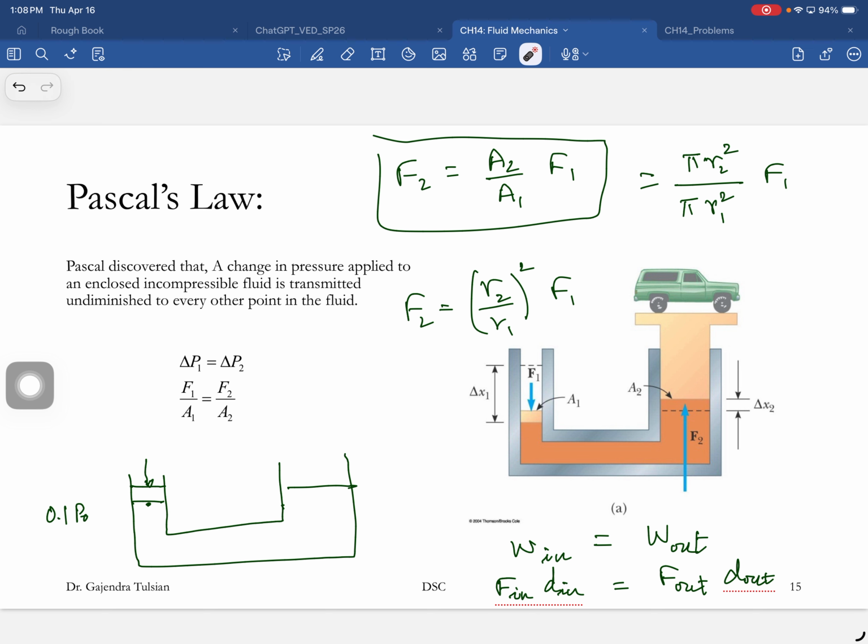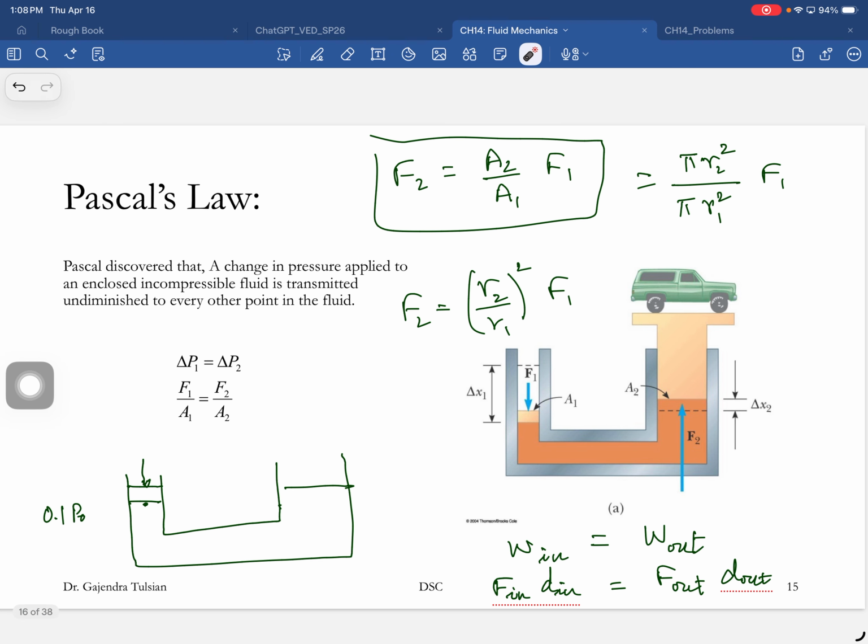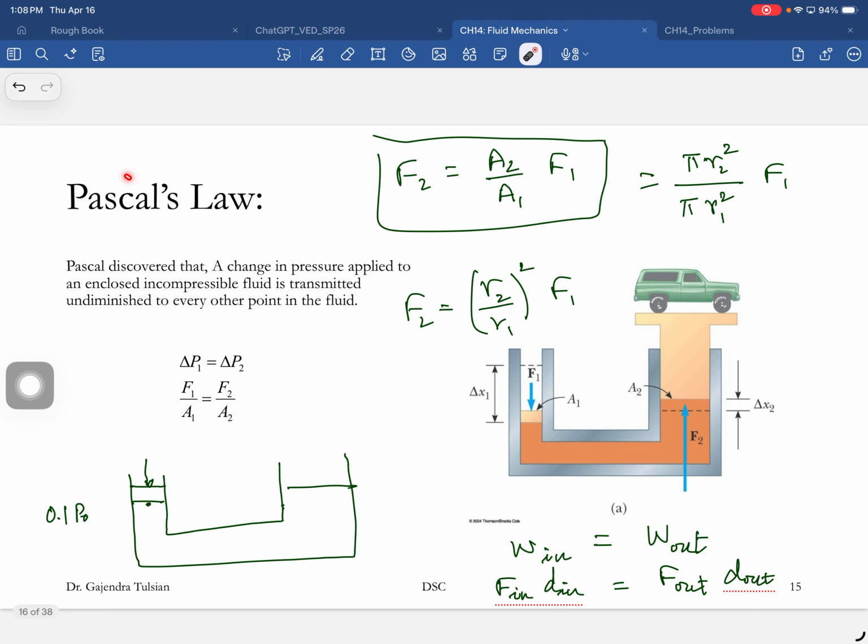So if you push this 100 inches, that pushes only 1 inch. Okay, anyway, what does Pascal's principle say? That in an enclosed fluid, if at any point you increase the pressure by a certain amount, that increase in pressure is transmitted undiminished everywhere in the liquid.